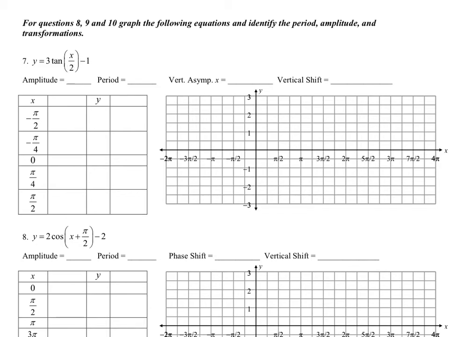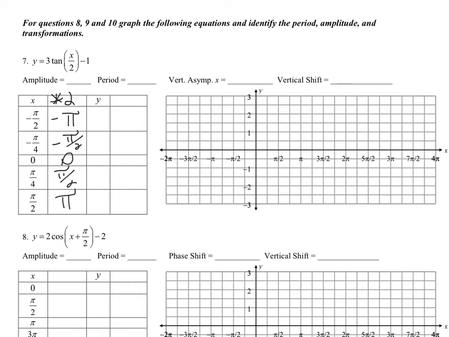So since this is divided by 2, we need to multiply times 2 here. And so we get negative pi, negative pi over 2, 0, pi over 2, and pi.